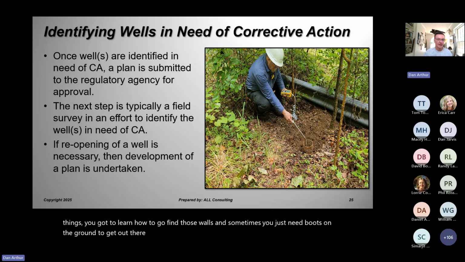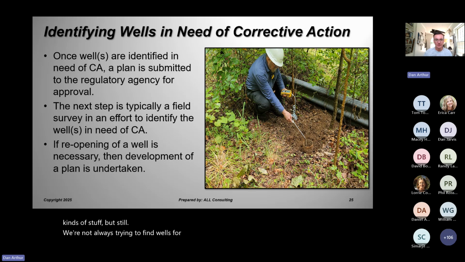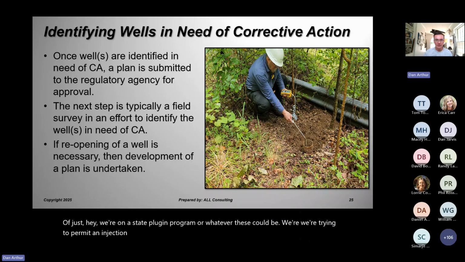We certainly have more technology today with drones and all kinds of stuff, but still, we're not always trying to find wells just because we're on a state plugging program. These could be cases where we're trying to permit an injection well, and we need to know: are there wells here that we need to do corrective action for?